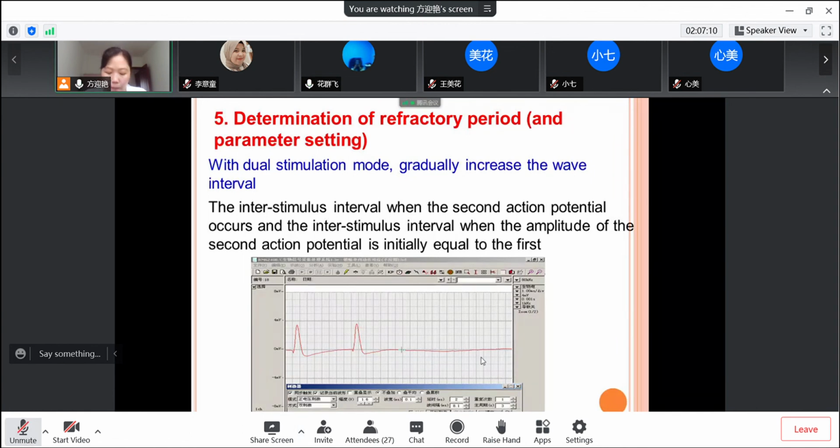Yes. And then we shorten the interval between the two stimulations, and we can see that the second wave moves nearer to the first wave, and reaches the refractory period if the interval is shorter than the refractory period.